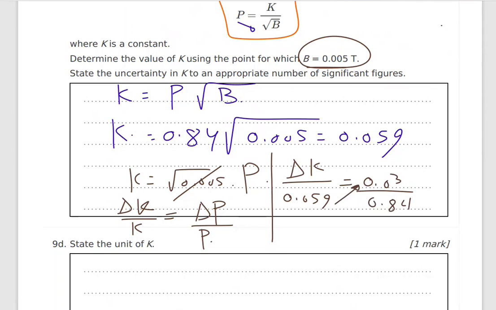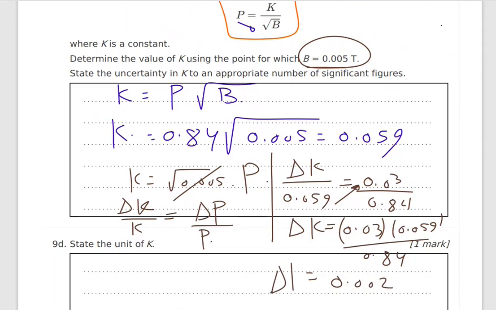Now cross multiplication. So delta K will be 0.03 times 0.059 divided by 0.84, and this will be equal to 0.002. This is the uncertainty in K.